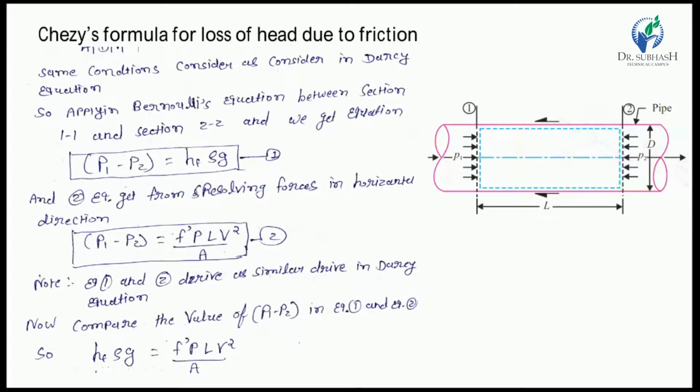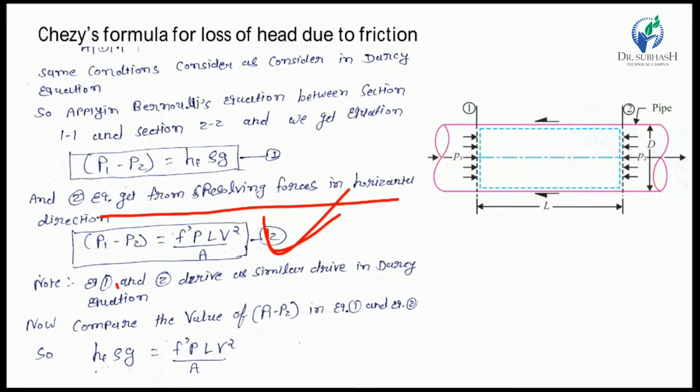Similarly, we resolve the horizontal forces. Then we also find the equation P1 minus P2 is equal to F dash P L V square upon A. This equation was also derived in the Darcy-Weisbach formula, so we do not discuss it further.